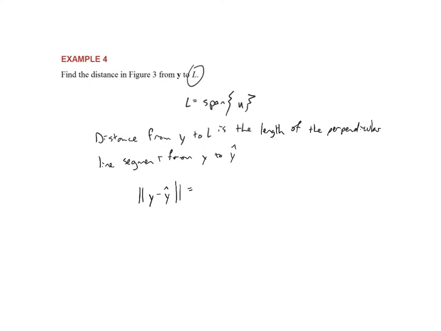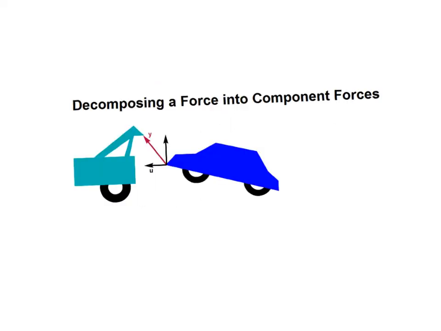And that length is the square root of 5. 1 plus 4 is 5, the square root. And that represents the shortest distance from the tip of that vector y to any point on line L. Our text very briefly talks about an application of this concept in terms of decomposing a force into component forces. We don't get into any examples, but that's just one area where this topic applies.